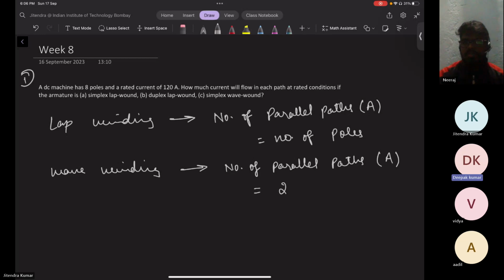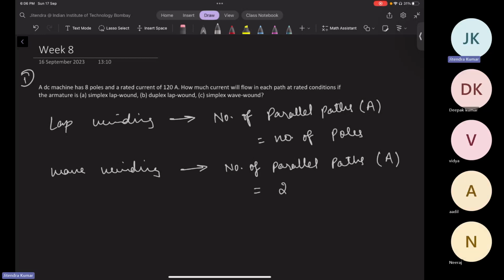Any other advantages of parallel paths, because you are paralleling the coils? What is happening? Your EMF will be the same. Yes, sir, and speed will be constant, I think. Okay, EMF will be constant, you are saying.